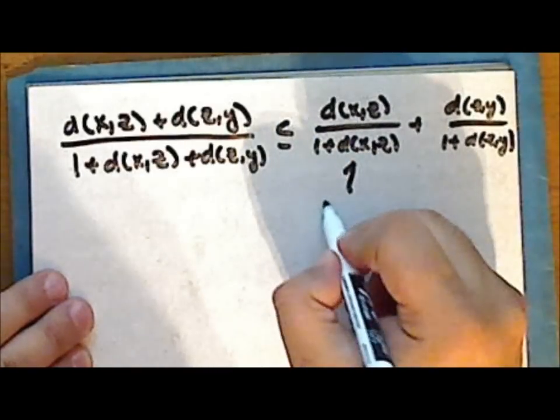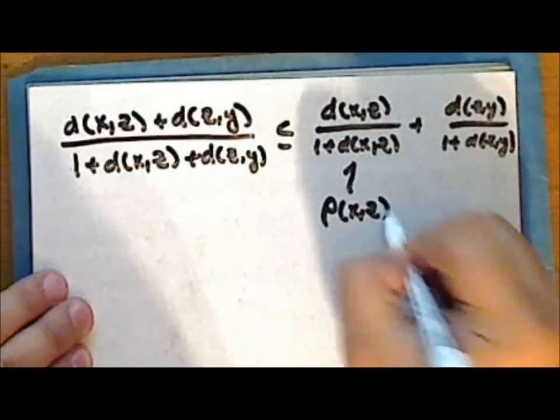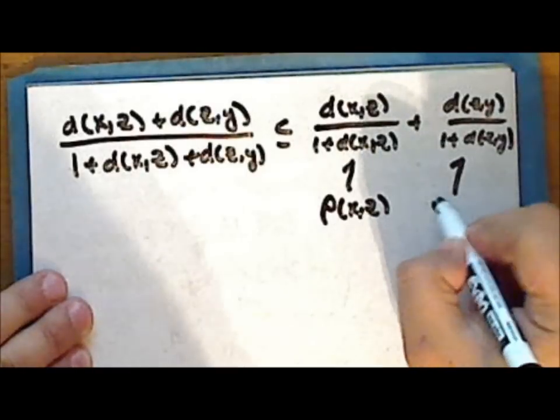This quantity here is rho of xz, and this quantity is rho of zy.